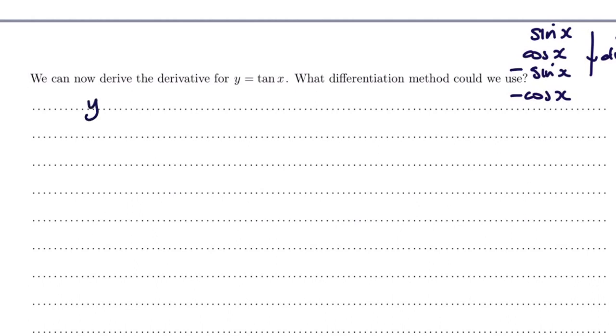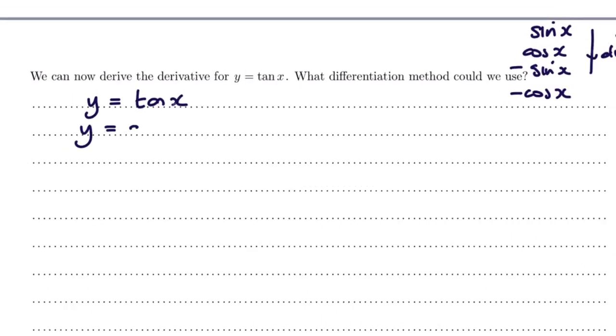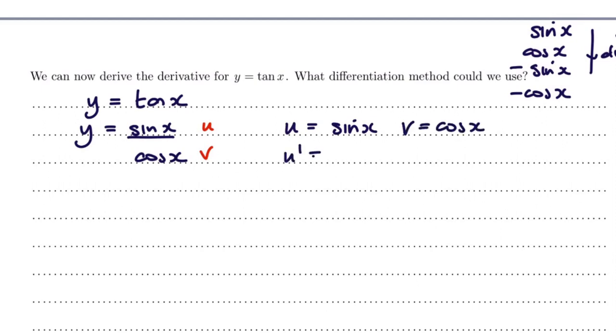Okay, so if y equals tan x, we know that y is sine x over cos x. So we can use the quotient rule. So remember, you use the quotient rule, u is sine x, v is cos x, u dashed is cos x, and v dashed, if you differentiate cos x, you get negative sine x.